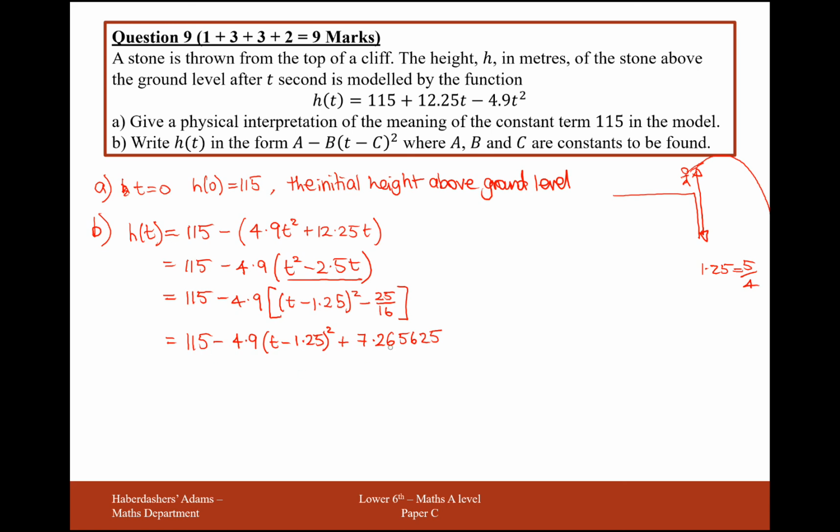Okay, and then what we're going to need to do is add that on to the expression at the front. So that's going to give us 122.65625 minus 4.9 t minus 1.25 squared. Excellent. So what we need to then write here is just finish it off and write a is 122.65625. B is representing here 4.9, and C is representing here 1.25.